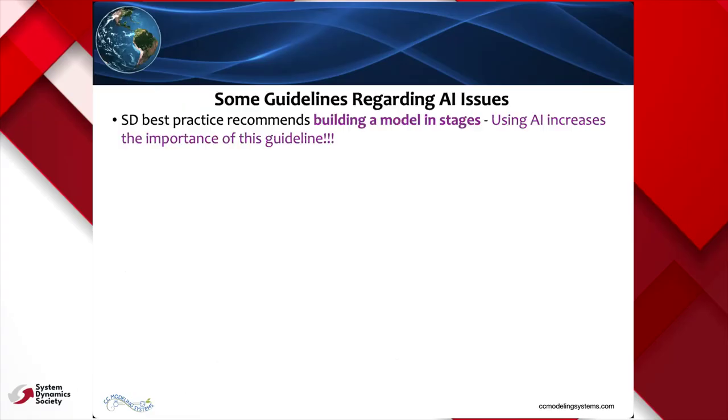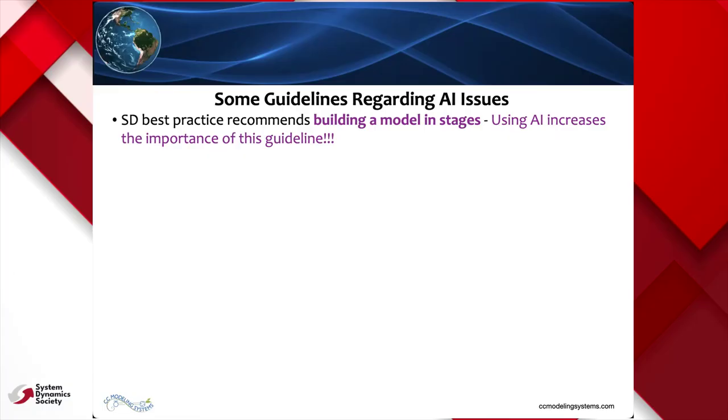So here are a few guidelines. System dynamics best practice says we should build our models in stages. Using artificial intelligence increases this importance because if you don't build a model in stages when you're using artificial intelligence, then you don't understand each piece and you haven't analyzed, are the pieces right in my first stage?